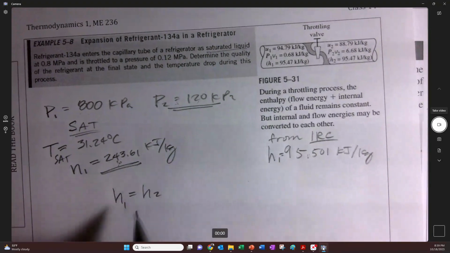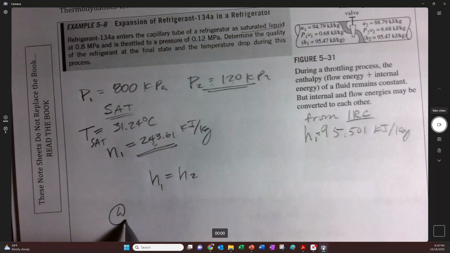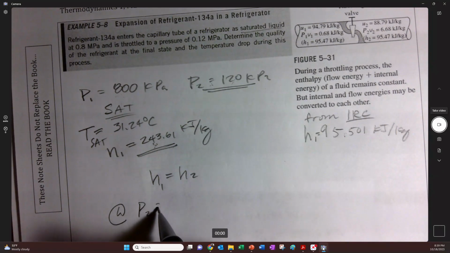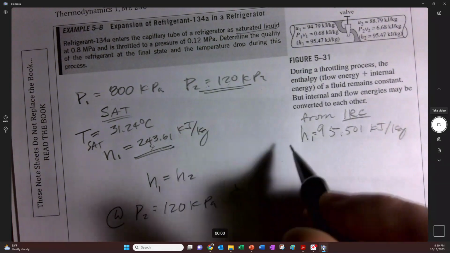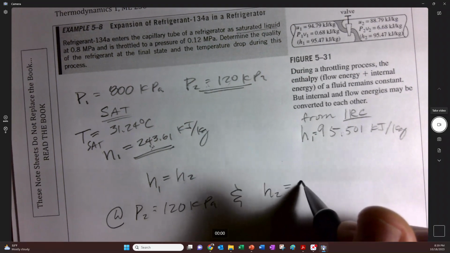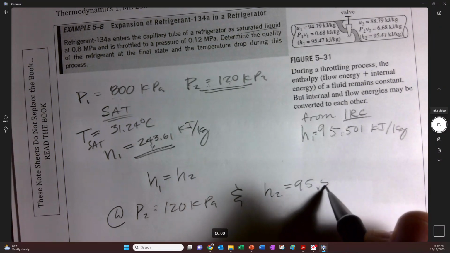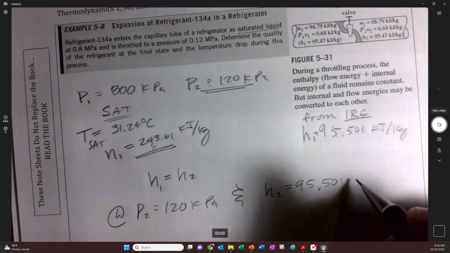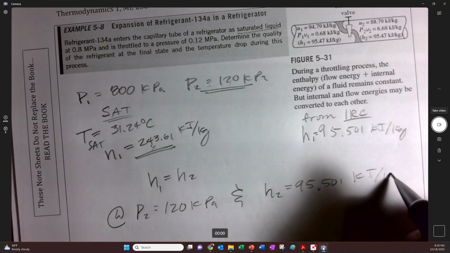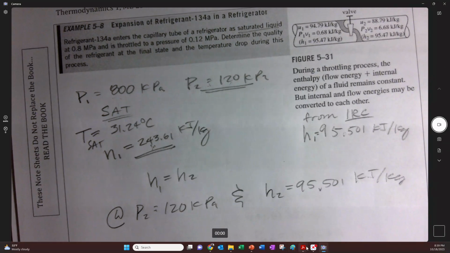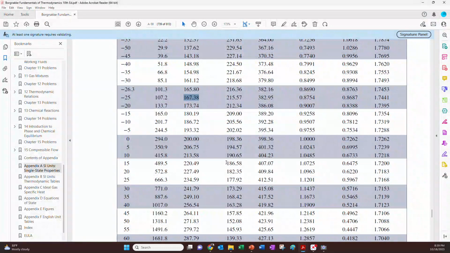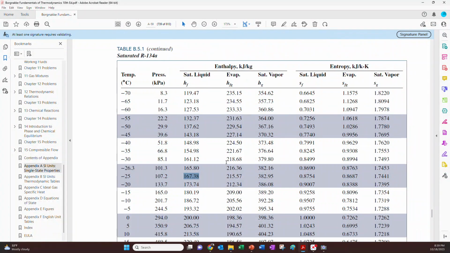Okay, so now we're going to find at P2 equals 120 kPa and H2 equal to 95.501. But remember that this IRC thing uses joules per kilogram, so let's look that up. Hopefully we'll get the right temperature and the right quality.